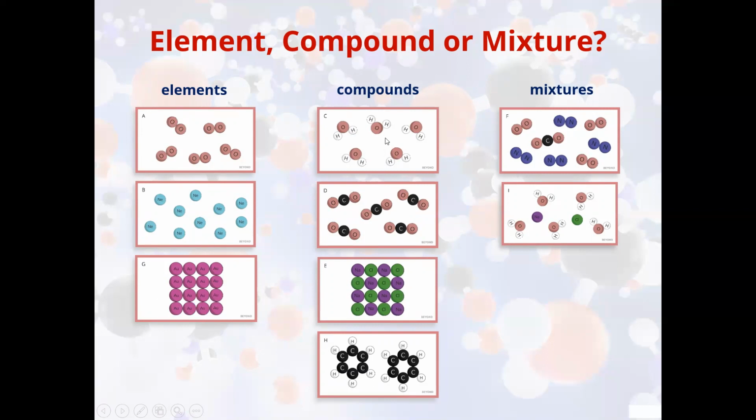A compound is when, even though you got many of them, it is when you have the same amount. So you got one oxygen, two hydrogens, one oxygen, two hydrogens, and so forth. This is water. This is carbon dioxide. You see they've chemically combined and they are now together. Yeah, it's also they've chemically combined.